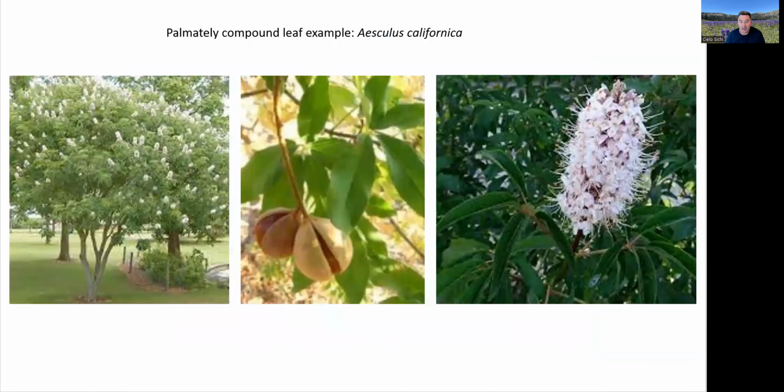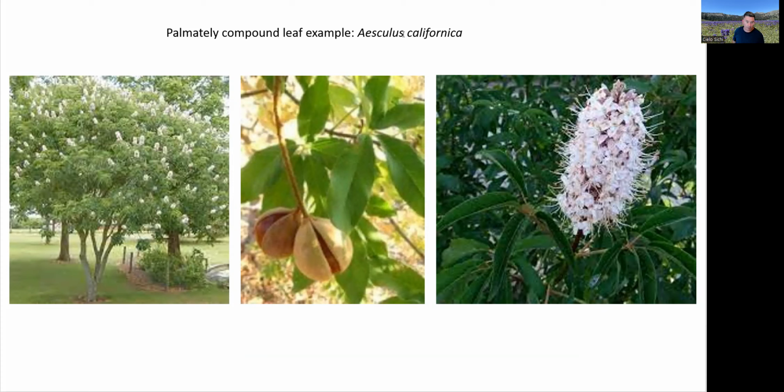An example of a palmately compound leaf is Aesculus californica. Now, in your quiz on the plant parts, I'm not going to quiz you at all on plants. I'm not going to say, what is this leaf?